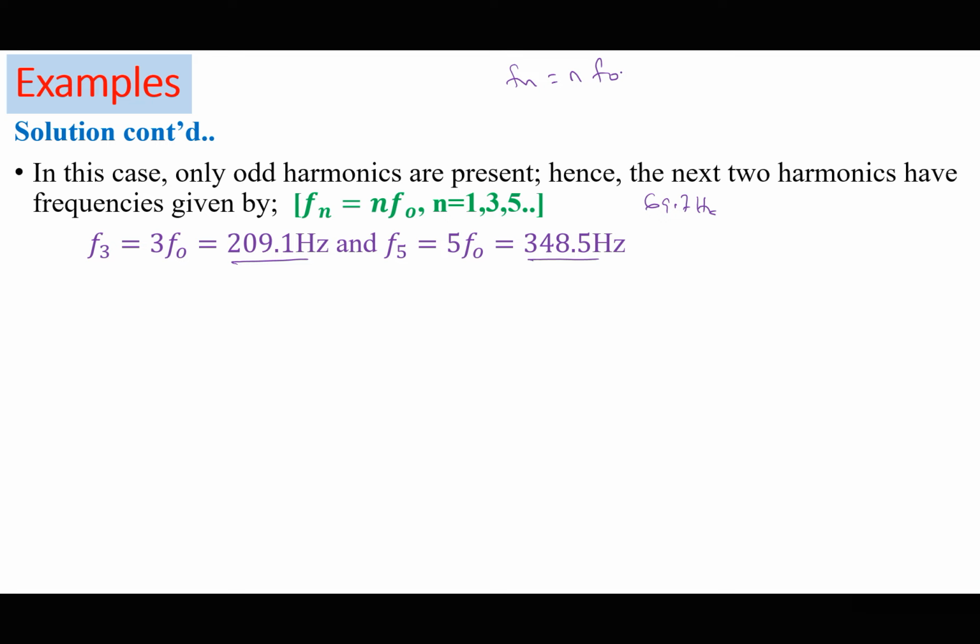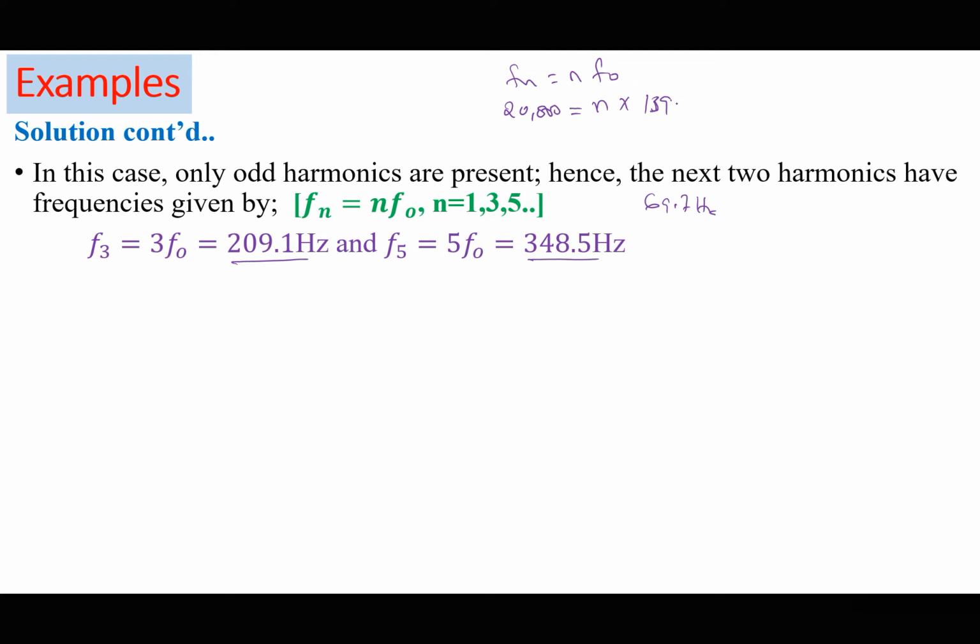So the maximum, of course, is 20,000 for a normal human ear. So I will say 20,000 is equal to N times the fundamental, which was for an open pipe, I think it was 139 or 140. I'll just take 139.